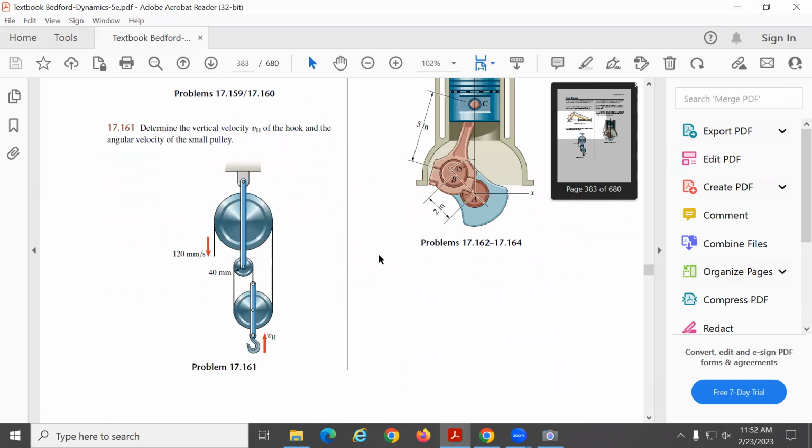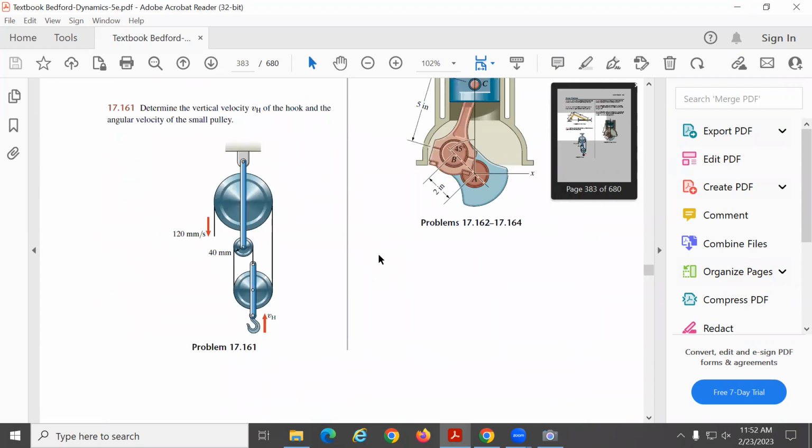This one here, no? So determine the velocity of h. I just want you to tell me how many times bigger it would be. Just thinking about how many times the distance we'll have to do. So when this one is moving 1, how much distance will that one be moving?